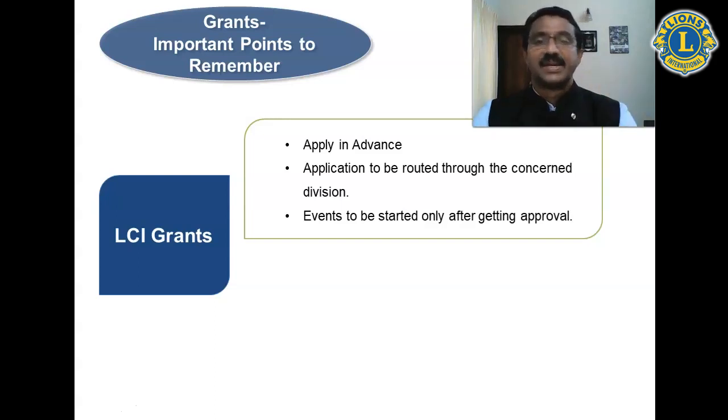So apply in advance and route this application through the concerned division only. Without getting their prior approval, don't go for the event. Only after getting approval, you go for the event. If you complete the program and then apply, you won't be eligible for any of these grants. So get the prior approval, then go for the event.